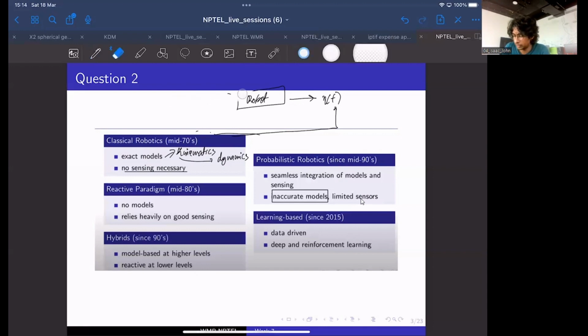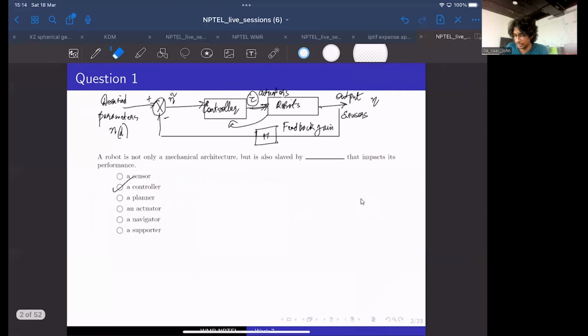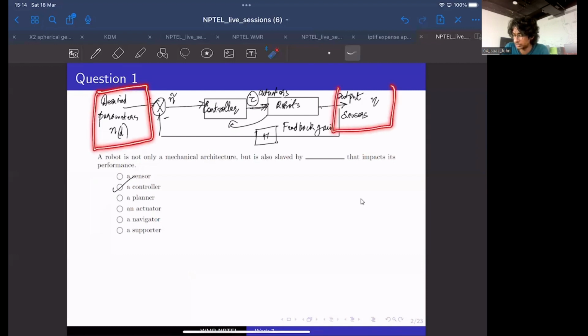So if I go back to the first question, I have basically drawn a control loop. We have the actual output from the robotic system, and we also have the desired parameters. Whatever we are getting from the robot, we take as feedback, right? The error between the desired and the actual parameters is taken care of by the controller, so that it can give appropriate control signals to the robot.